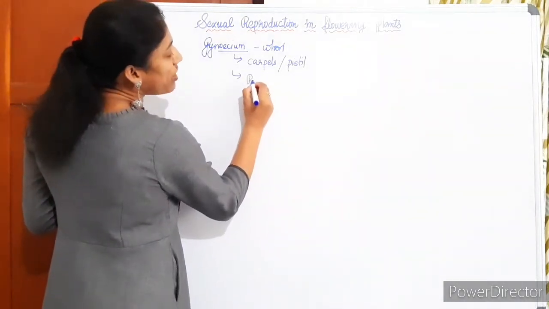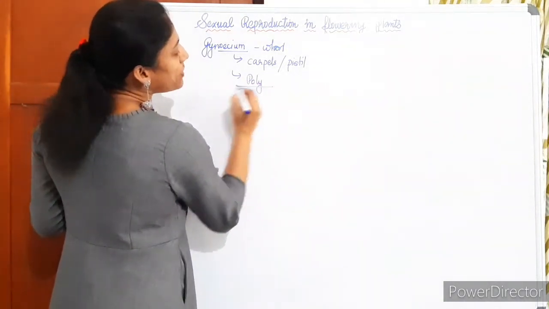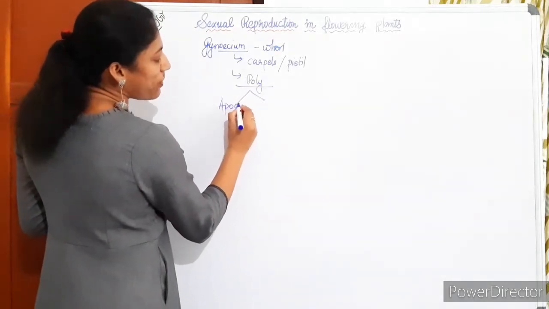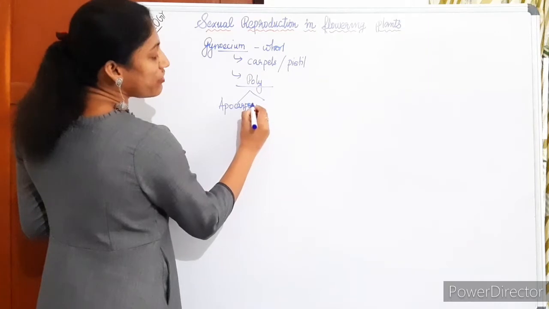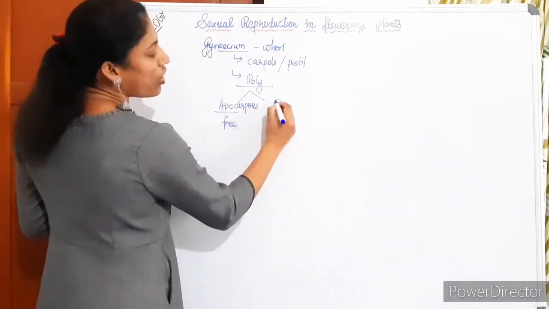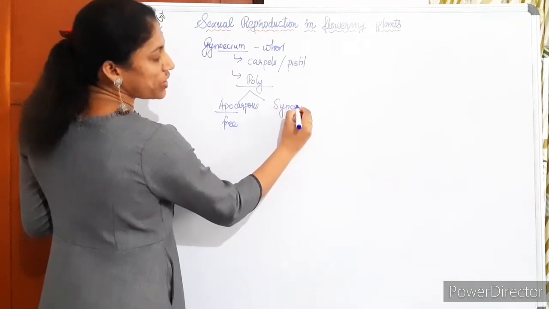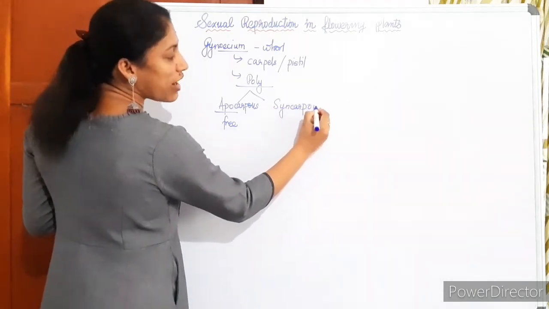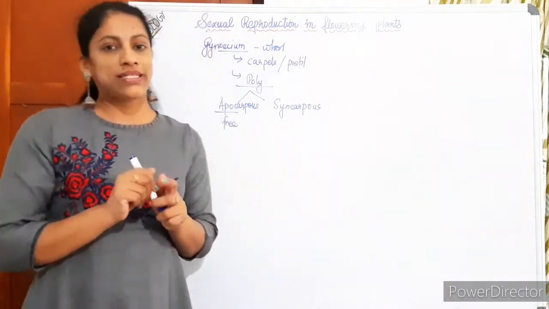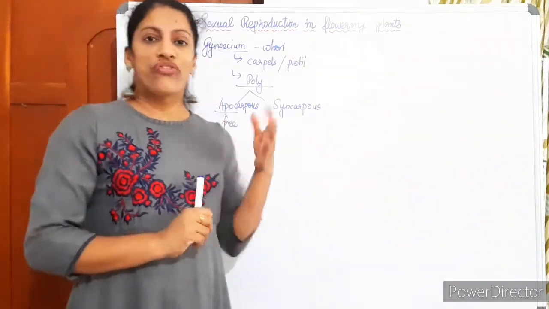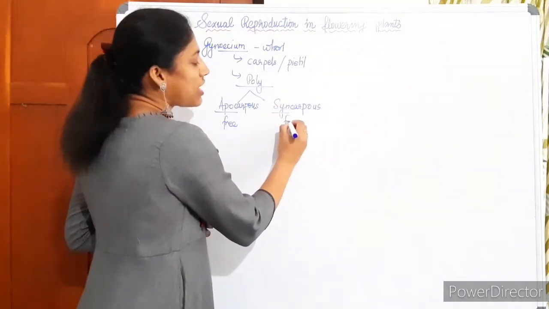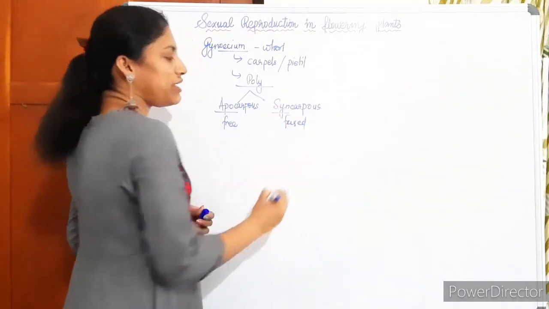If there are many carpels, a polycarpellary gynoecium, the carpels may either remain free or remain fused. If they are fused, the condition is called syncarpous.